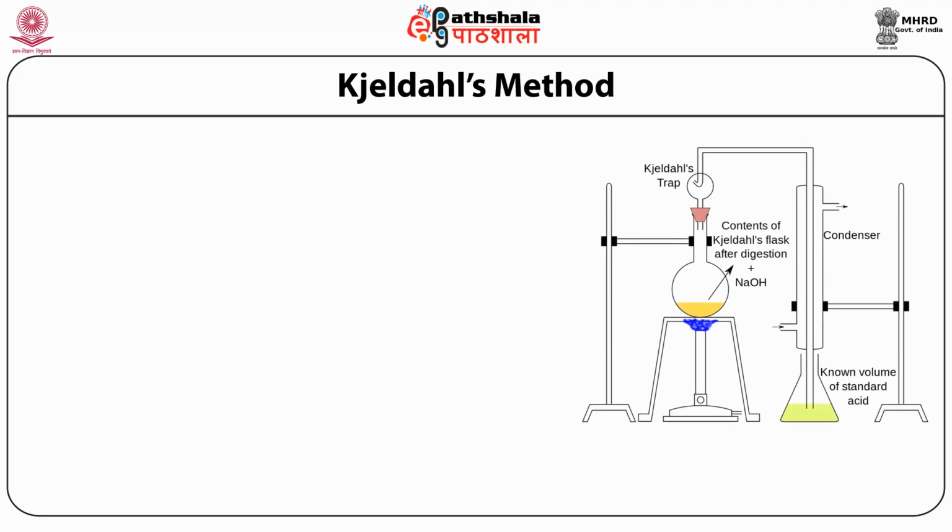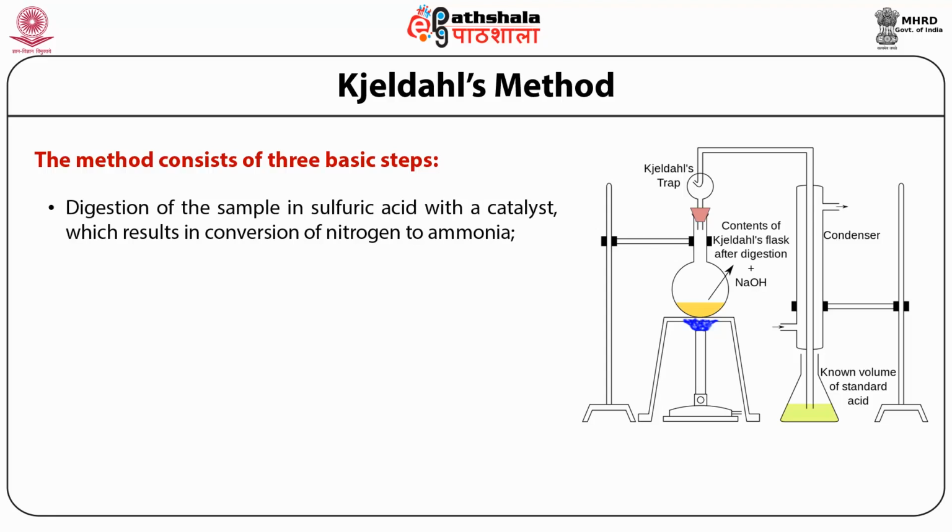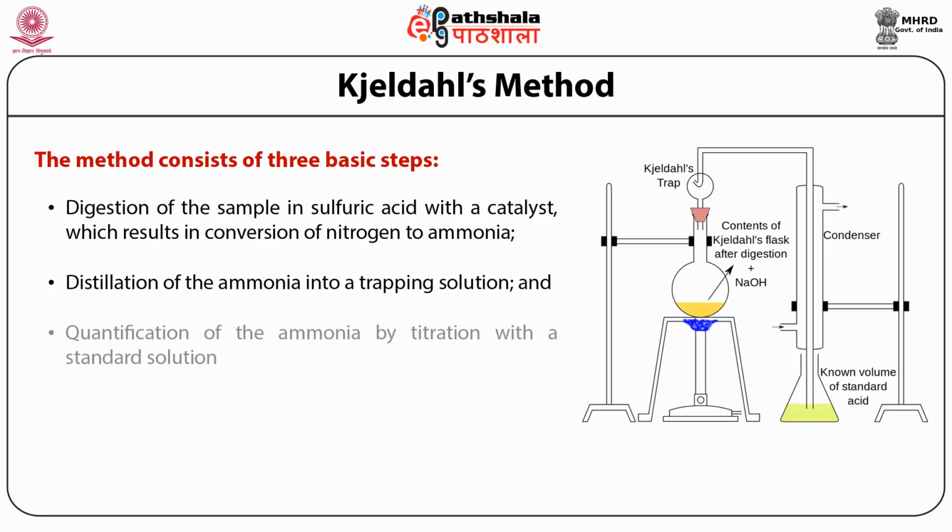We discuss the Kjeldahl method. This method consists of three basic steps. The first step is the digestion of the sample in sulfuric acid with a catalyst, which results in the conversion of nitrogen to ammonia. The second step is the distillation of ammonia into a trapping solution, and the third step is the quantification of the ammonia by titration with a standard solution.